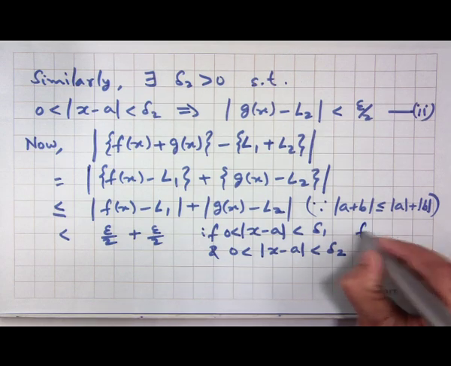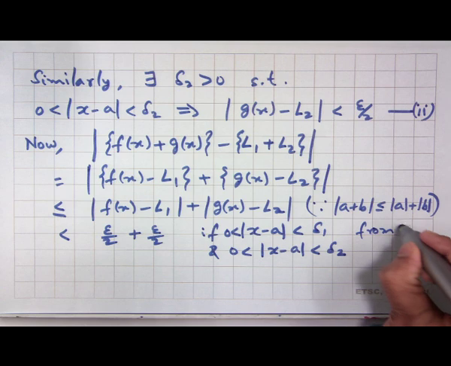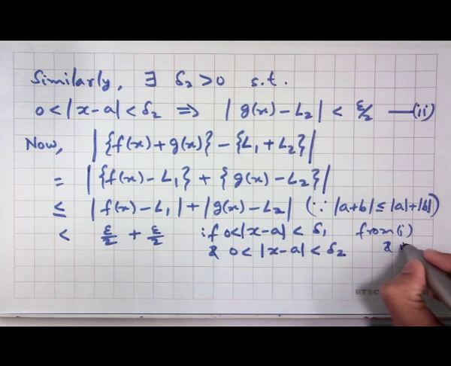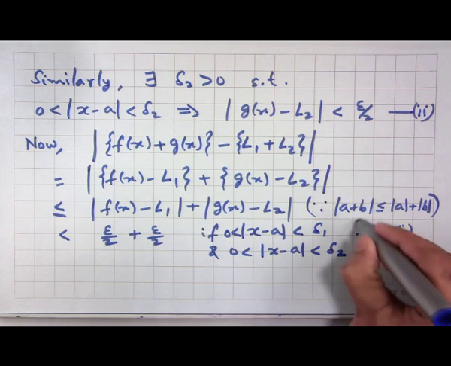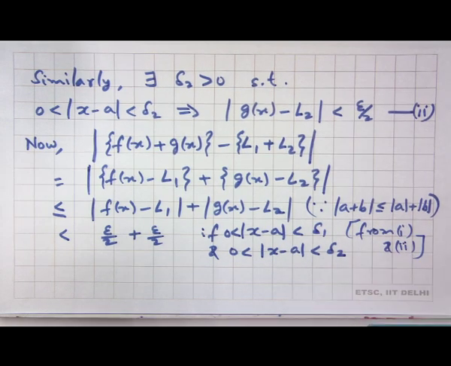This is from 1 and 2. And this sum is equal to epsilon.